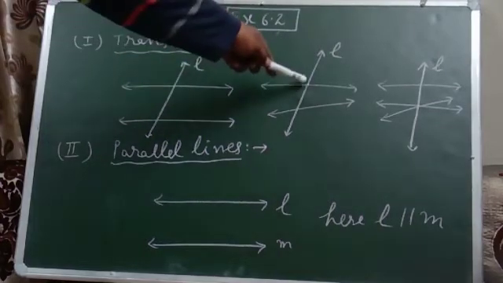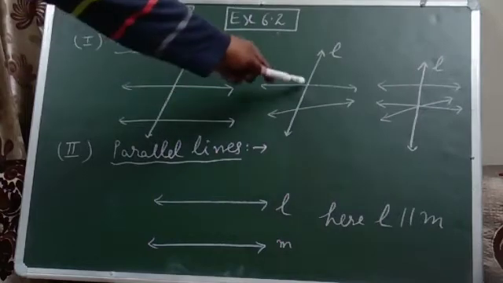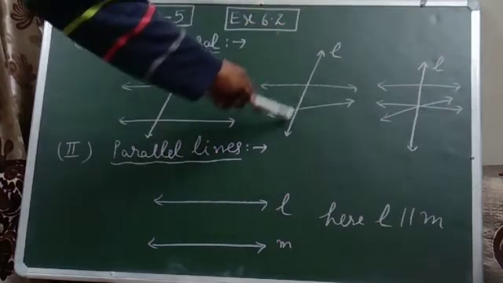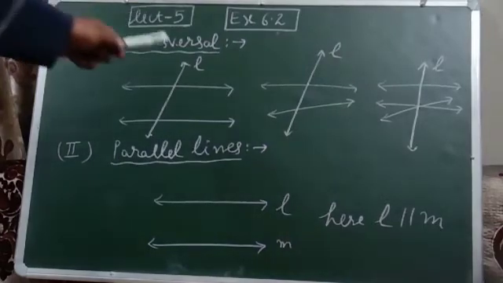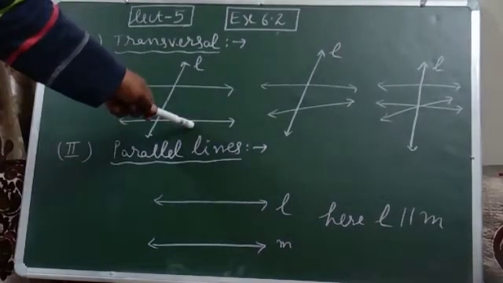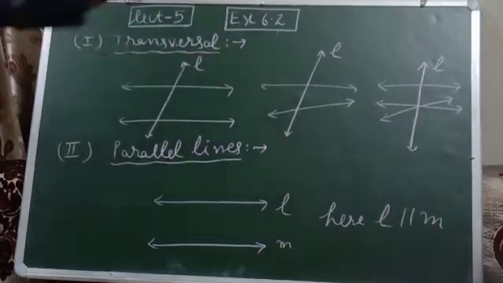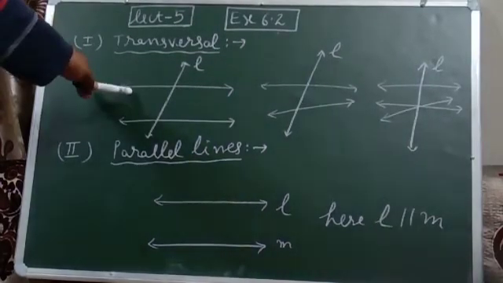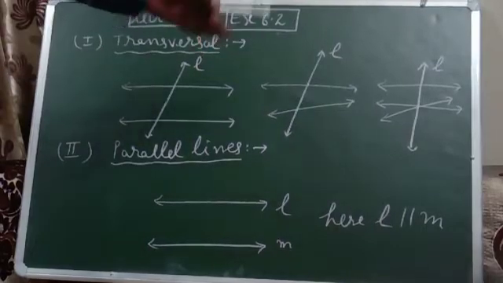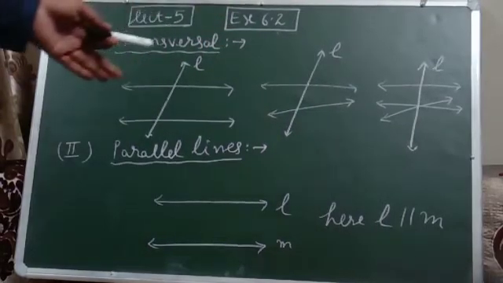In the same way, here this line intersects these two lines at different points, so this is also a transversal. In a transversal, the lines may or may not be parallel. It is not a condition for a transversal that the lines should be parallel. If they are not parallel, the line can still be a transversal.